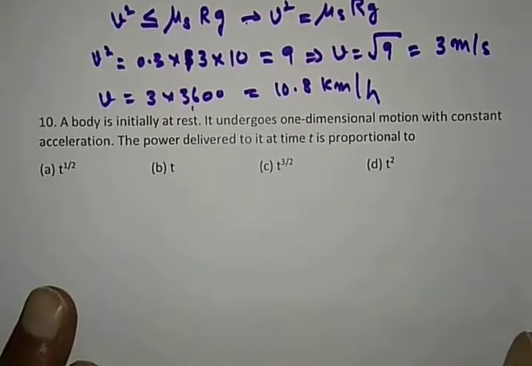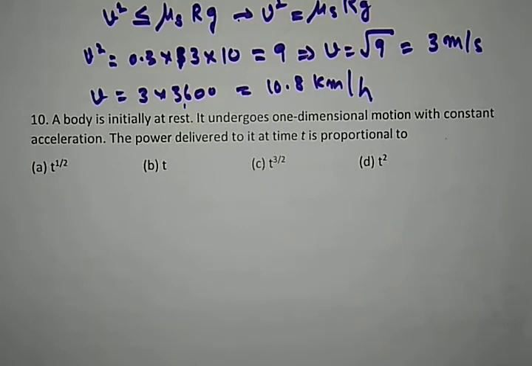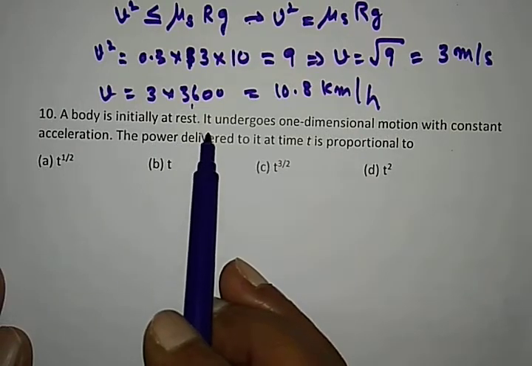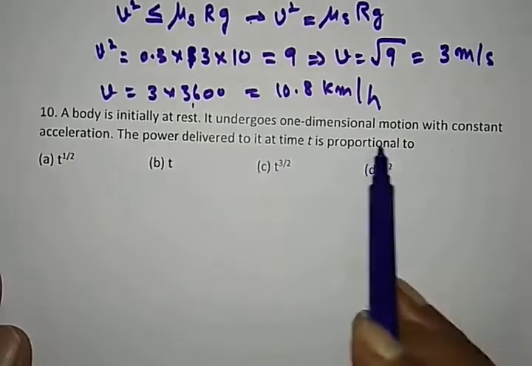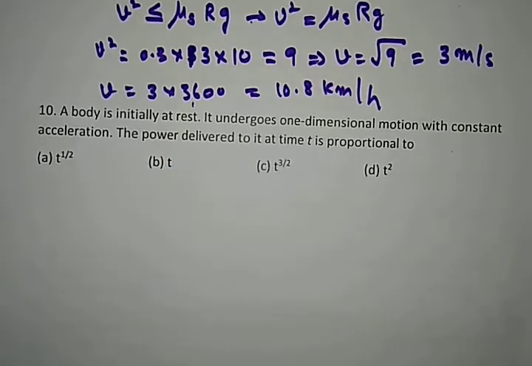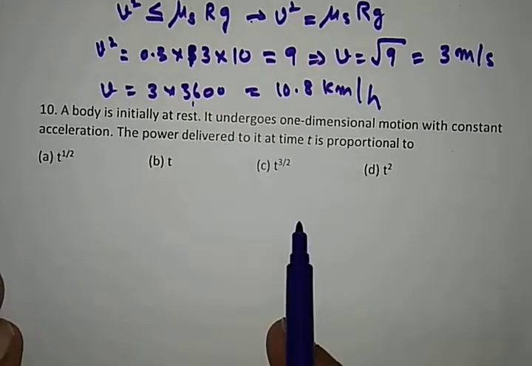So the 10th one. A body is initially at rest. It undergoes one-dimensional motion with constant acceleration. The power delivered to it at time t is proportional to.